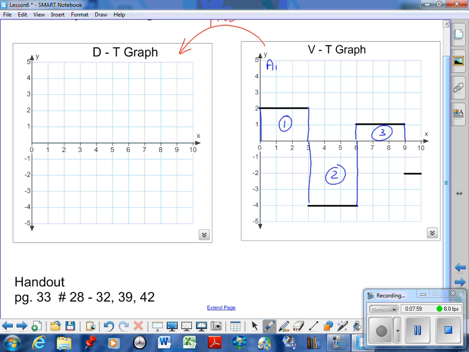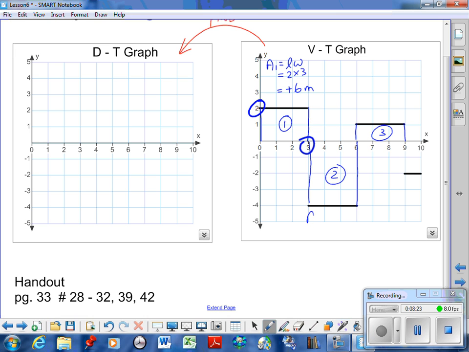So area 1 equals all rectangles today. So hopefully that's not much of a stretch for us. 2 times 3, it's positive 6, and the result will always be meters. And I'm going to talk about that positive for a second. The reason it's positive is because both y-axis was positive and x-axis was positive.